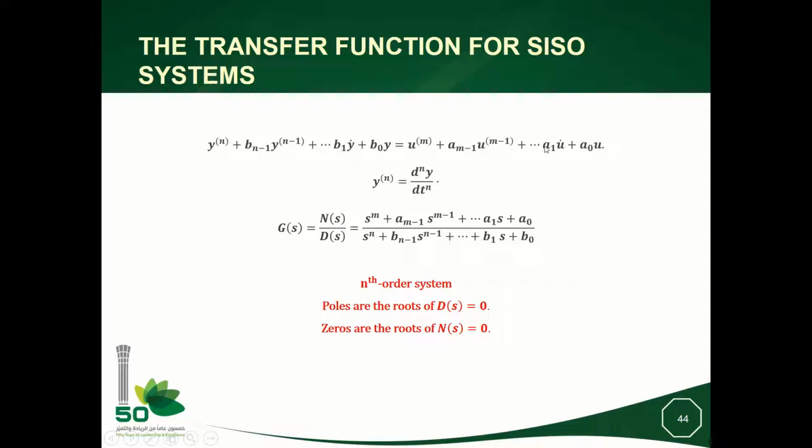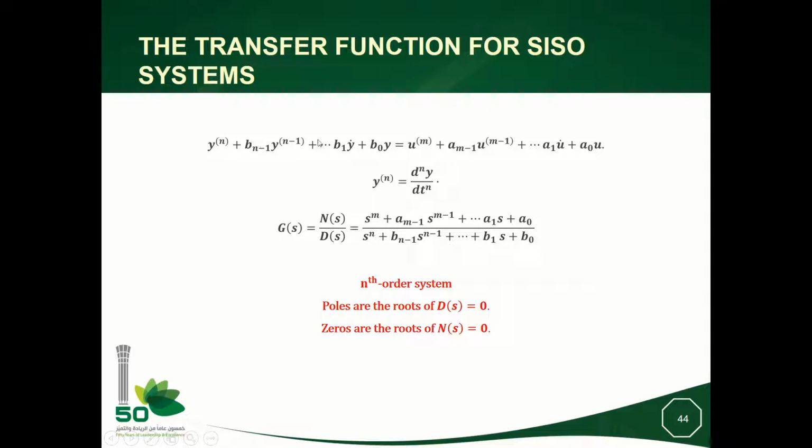So when we apply the Laplace transform here, we will get b_m s^m U(s), and here we will have b_{m-1} s^{m-1} U(s). We will do the rest until we arrive to a_0 times U(s).